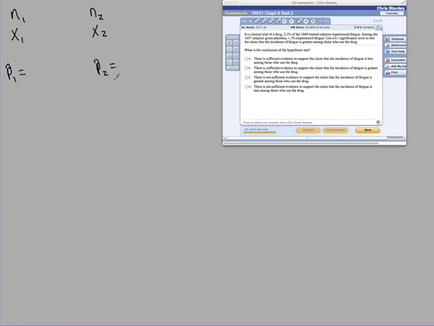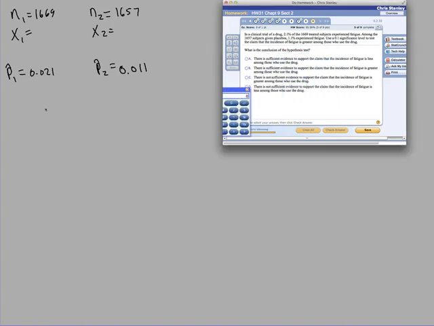Okay, so 2.1% of 1669, and then they gave placebos to this many people, and they had 1.1%. Okay, so now we need to figure out these x's, because the computer program actually asks for x's.